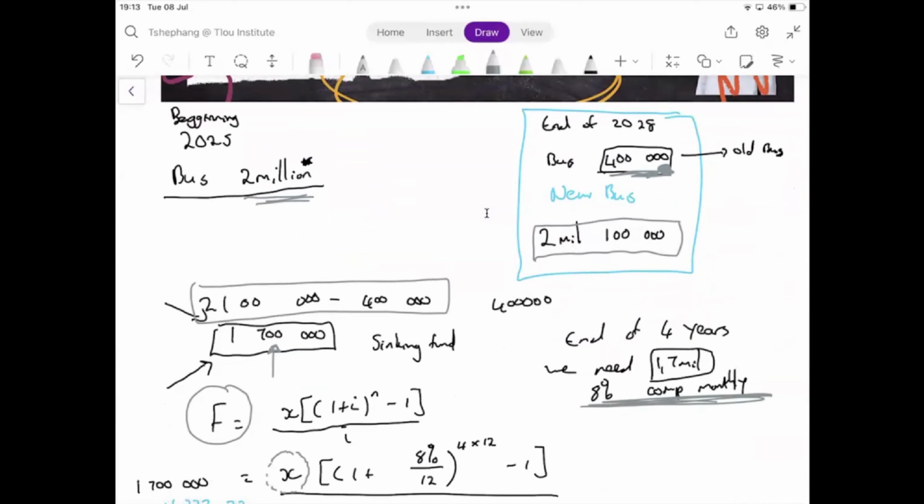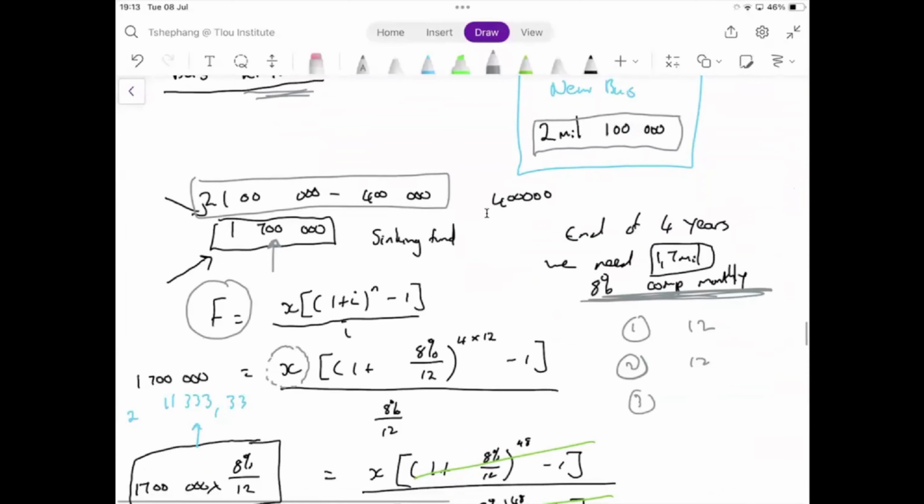But this one is compounded monthly. So year number 1, you have 12 months. Year number 2, another 12 months. 3, 12. 4, another 12. So what is the total here? The total is 48 months if we consider the compounding.